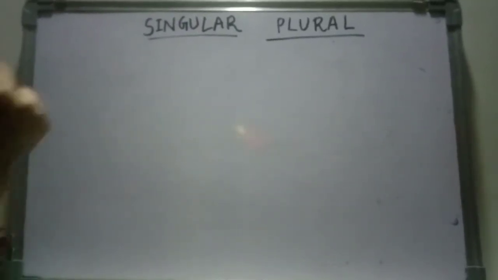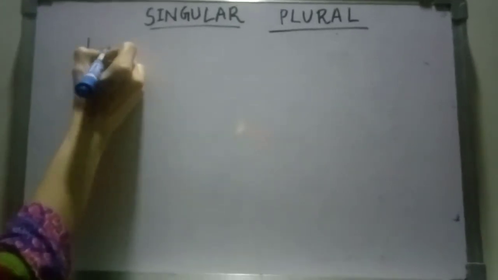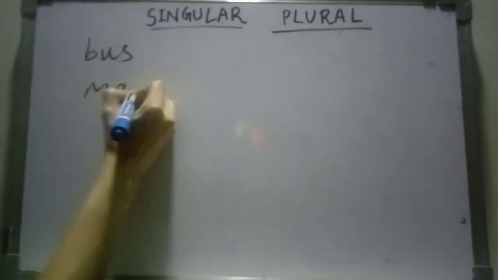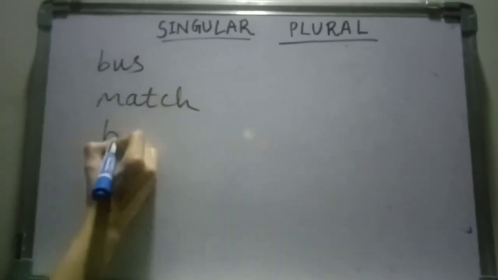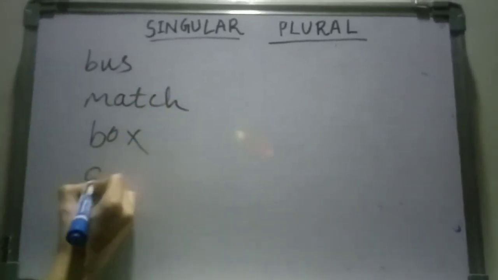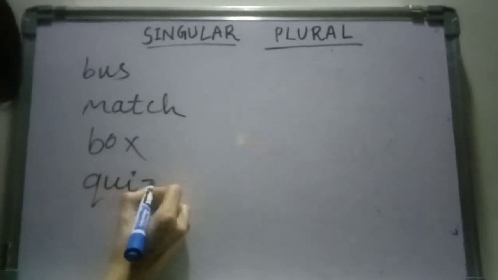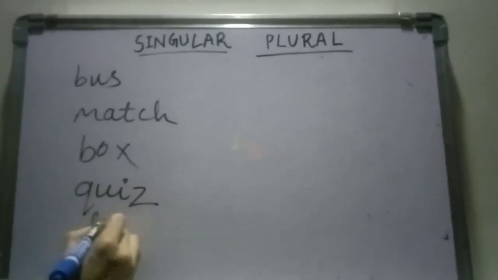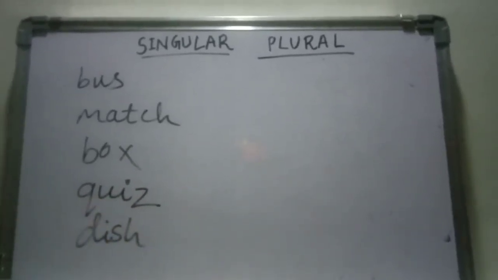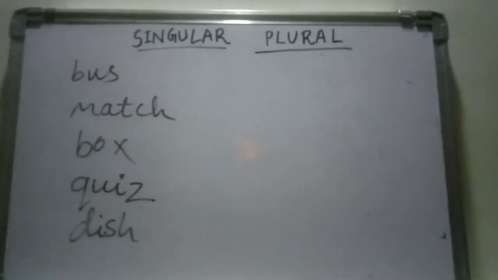Now I'll write a few words here. Bus, match, box, quiz, dish. Now you have to just see the last letters of the word.